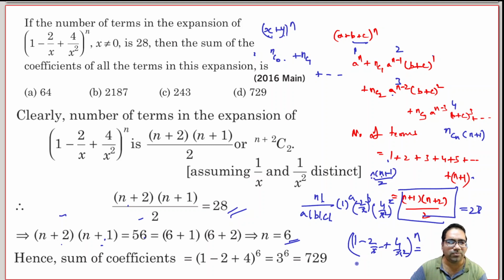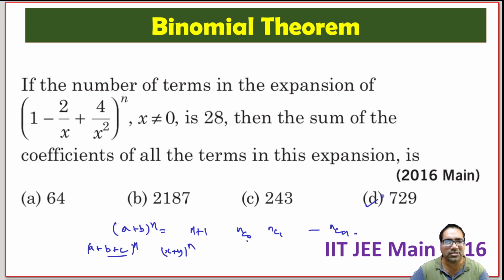That means (1 minus 2 by 1 plus 4 by 1) whole power 6, that is (1 minus 2 plus 4), that is 3 power 6, which is equal to 729. Right? 729 is the correct answer. So please notice this: whenever we want the sum of coefficients, we put x as 1, and we directly get the sum of coefficients.